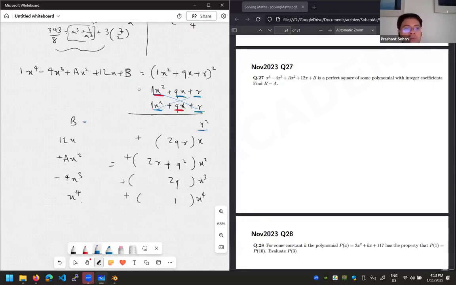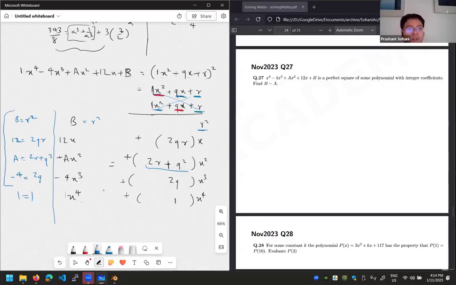So basically B is equal to r square, 12 will be equal to 2qr, then capital A will be equal to 2r plus q square, minus 4 is equal to 2q, and the last one is equal to 1. That doesn't give me any information. So I have all these four pieces of information available.